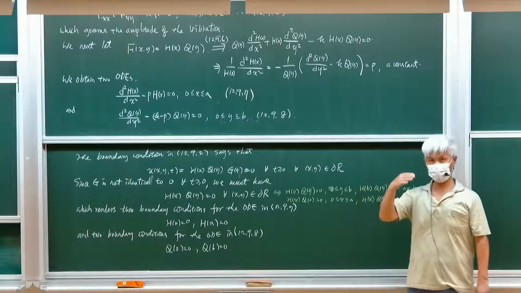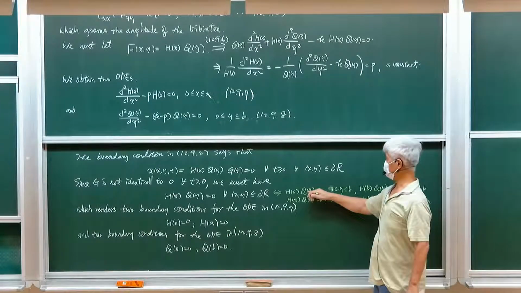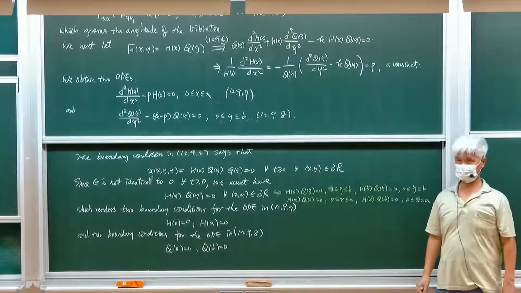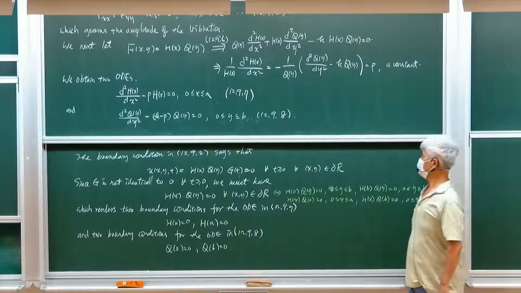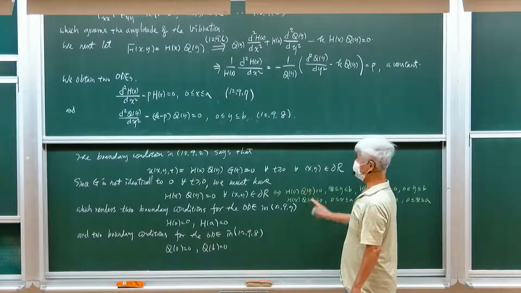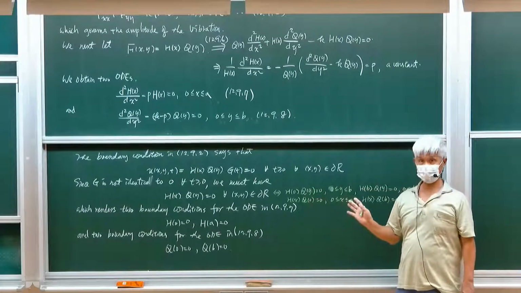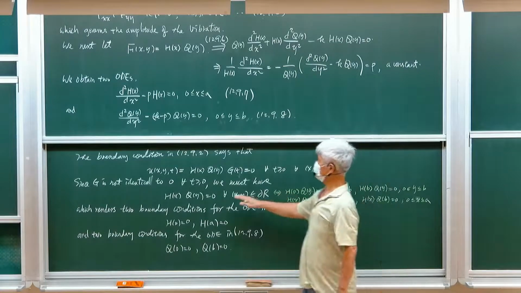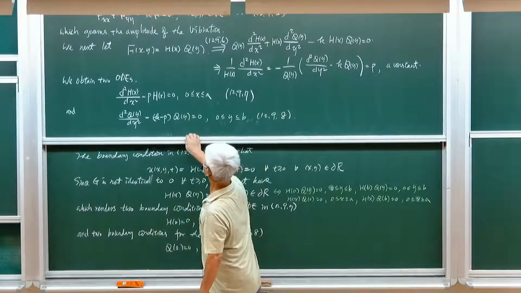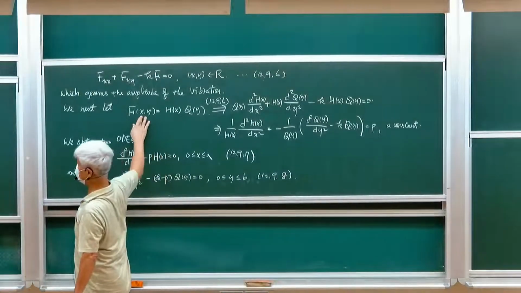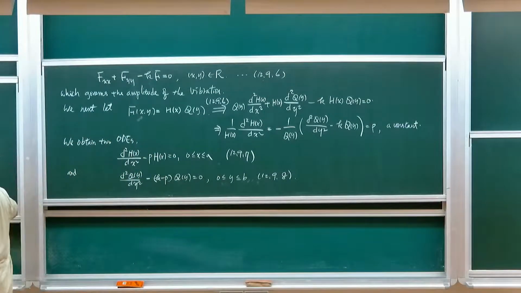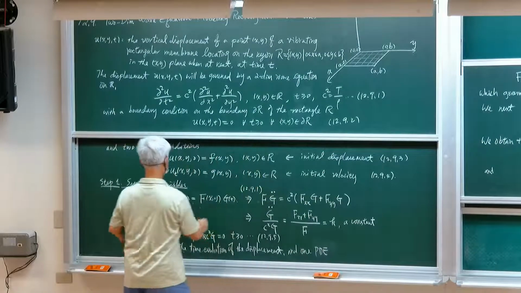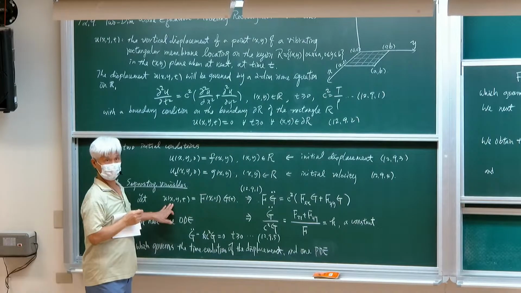Because we have both sides, we have four identities. Now, because q(y) cannot be identical to 0: if q(y) is identical to 0, then f is identical to 0, and then u is identical to 0, which is trivial.